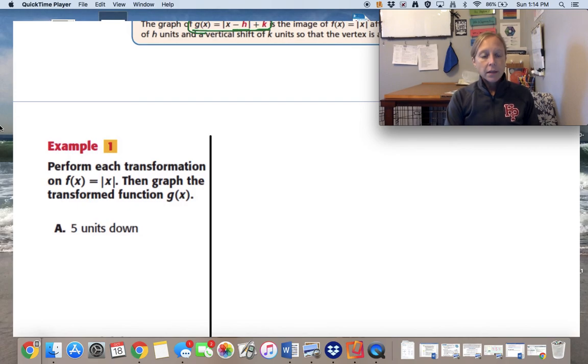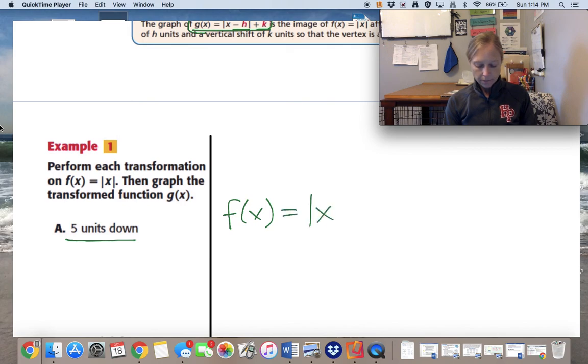All right, it says perform each transformation on f of x equals the absolute value of x, then graph the transformed function. So it says 5 units down. Well, remember vertical translations, we add at the end.